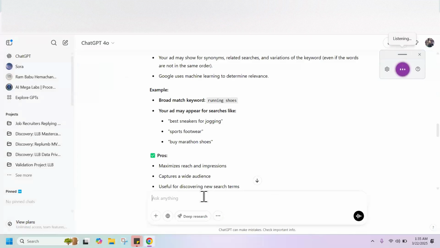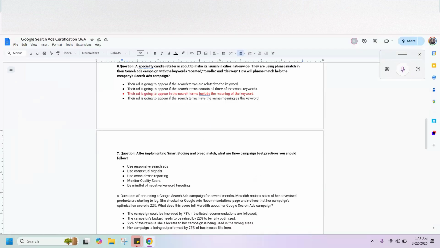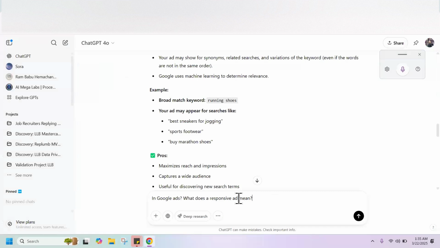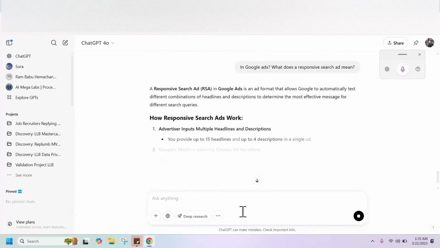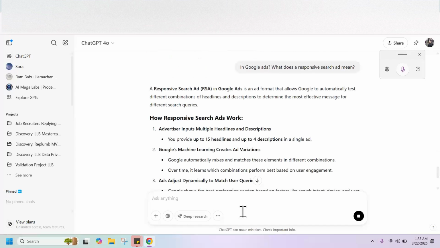In Google Ads, what does a responsive ad mean? Responsive search ad. Yes, the basic, the common one we use.